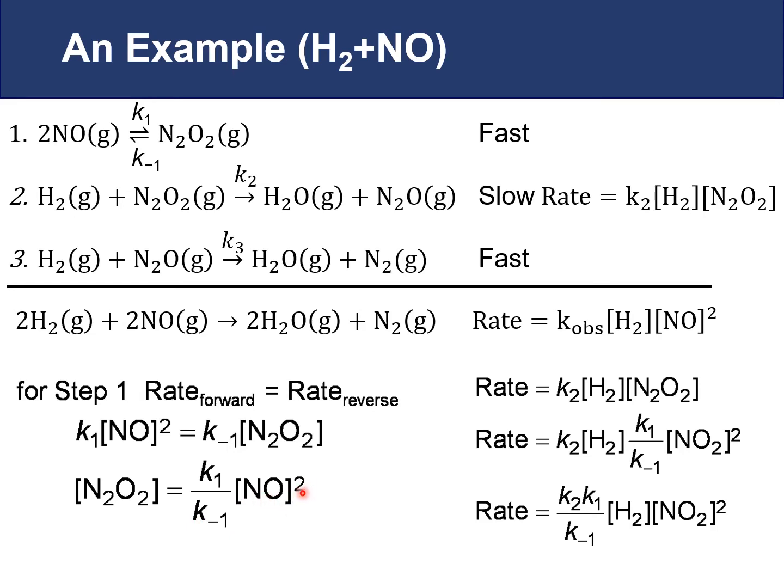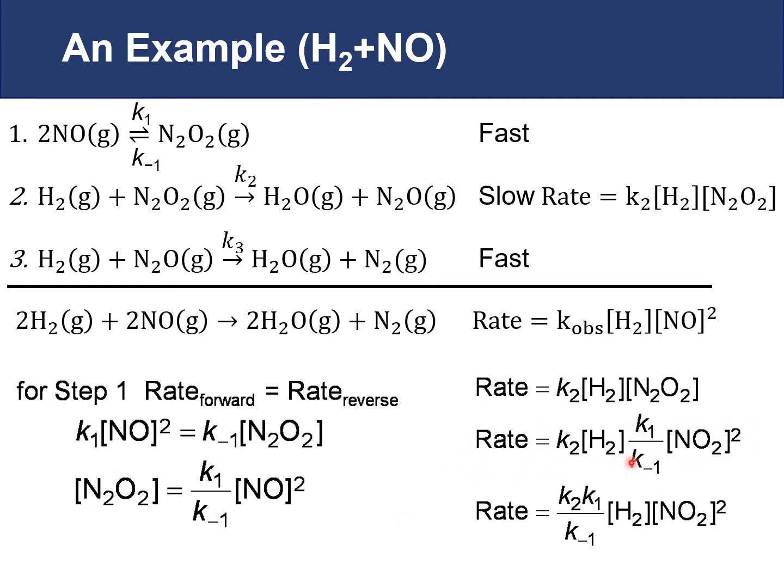We can then take this expression and plug it in anywhere that we see N2O2. So if we replace this N2O2 with our expression in our rate limiting step, we get this.